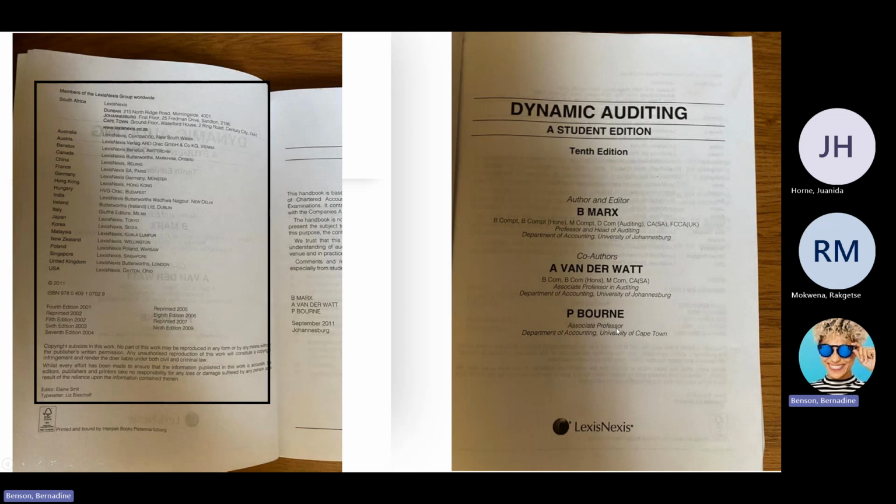So in this case, it will be Marx, comma, space, B, full stop, comma, space, van der Walt, comma, space, capital A, full stop, ampersand, space, Born, comma, space, P, full stop, space, and then the date.